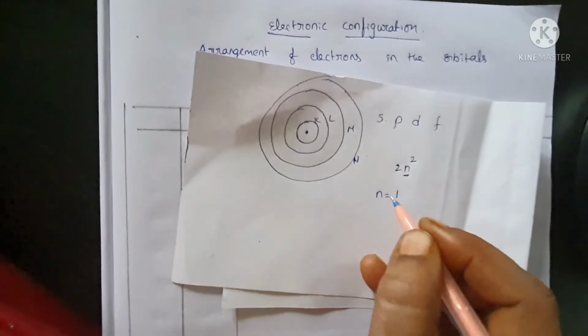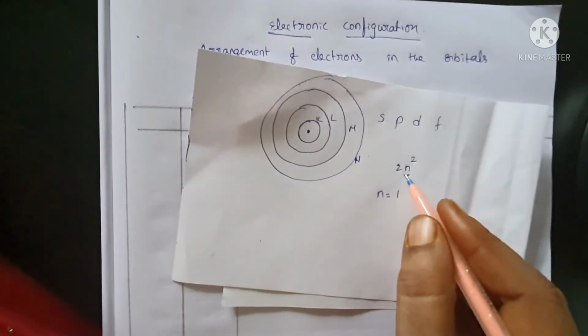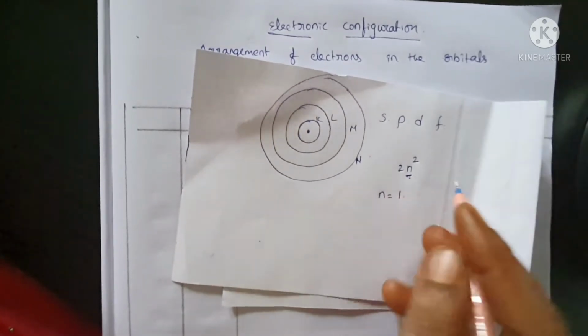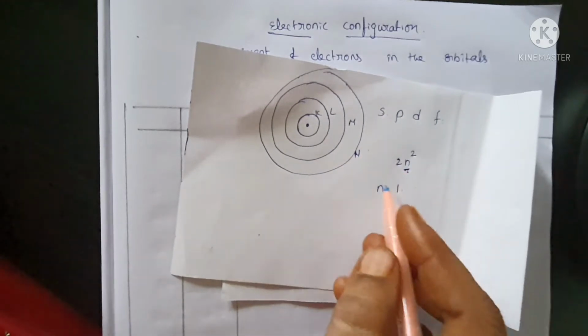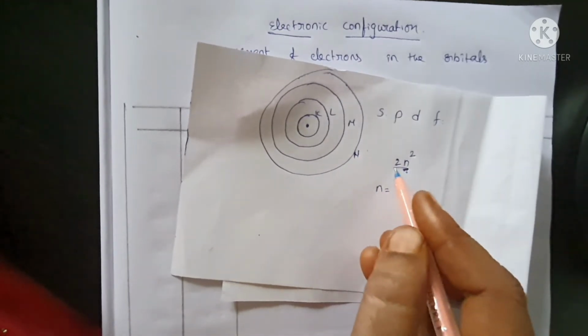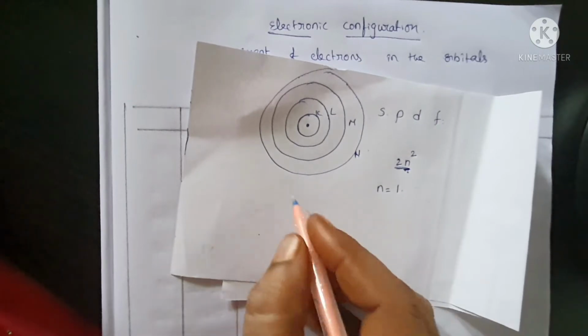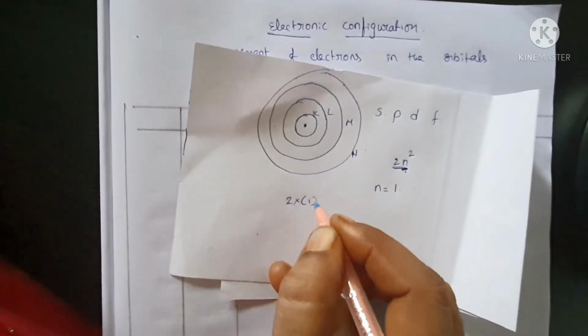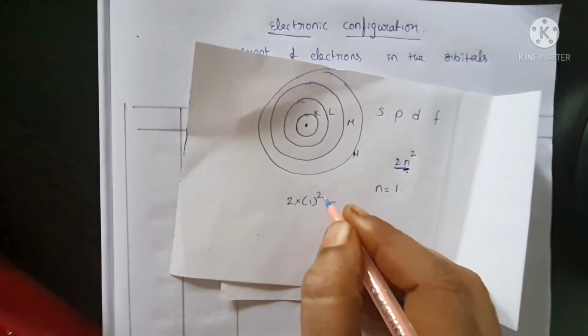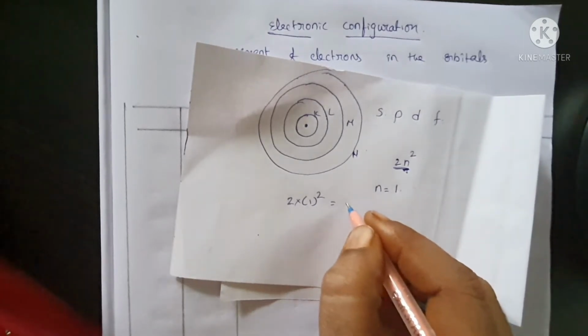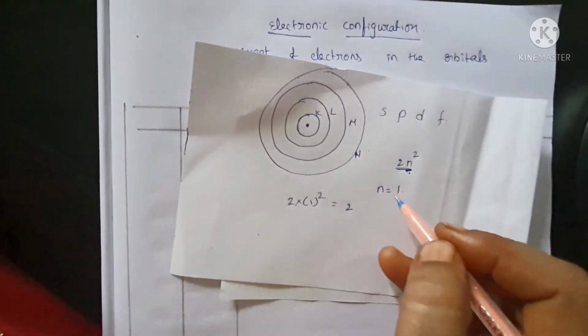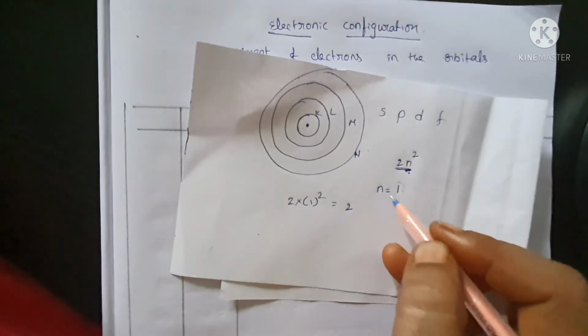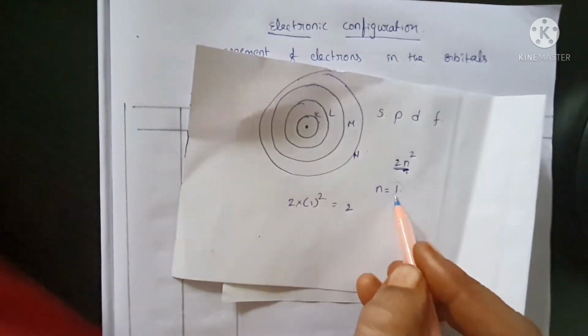If n equals 1, then the shell number equals 1. The total number of electrons occupied in that shell is, by this formula, 2 into 1 square, that is 2 into 1, which equals 2. So the total number of electrons present in the first shell is 2.